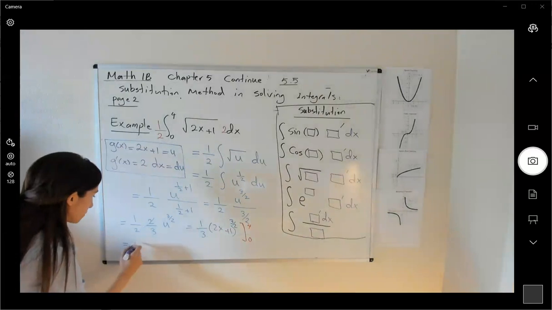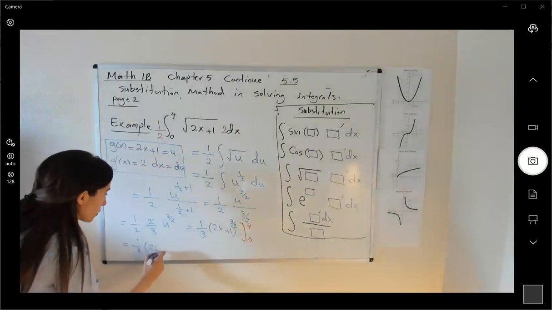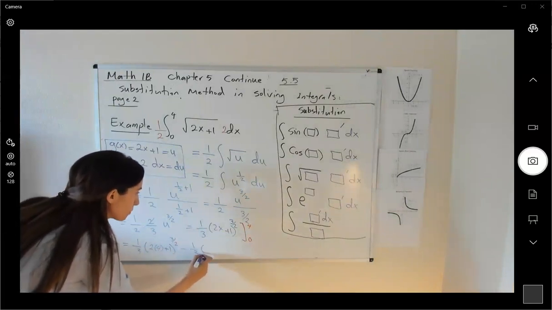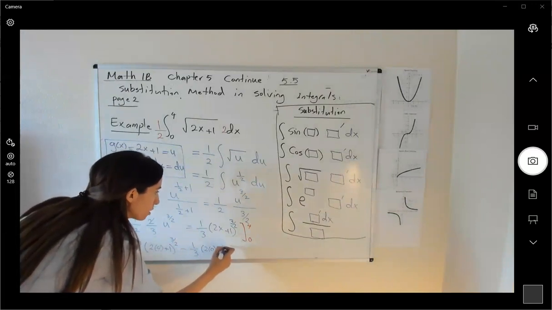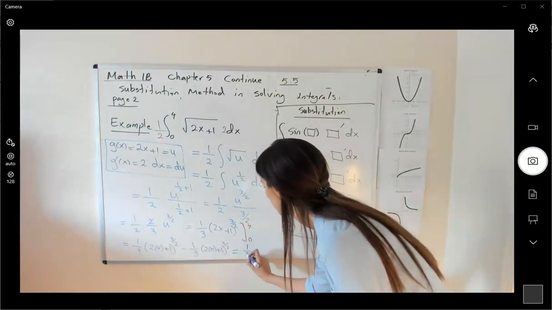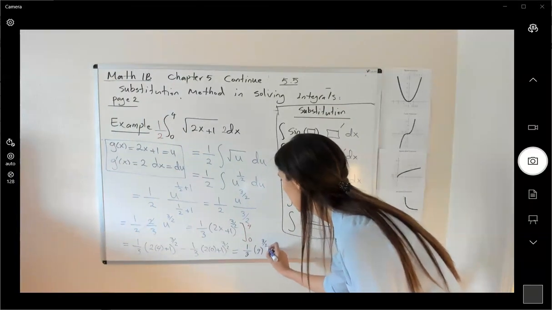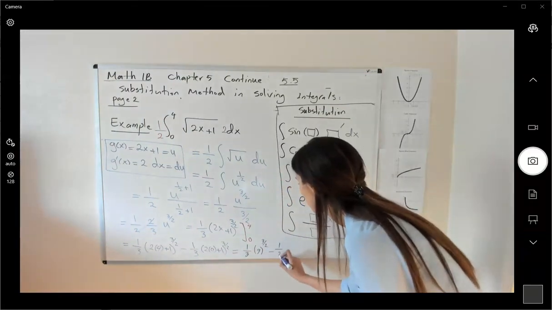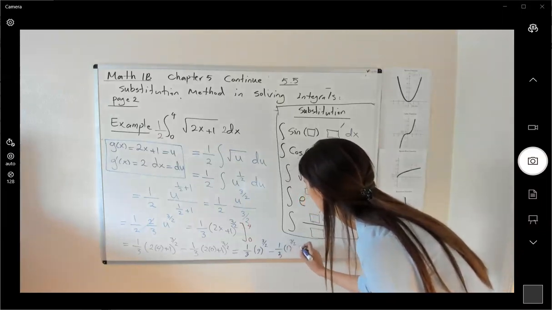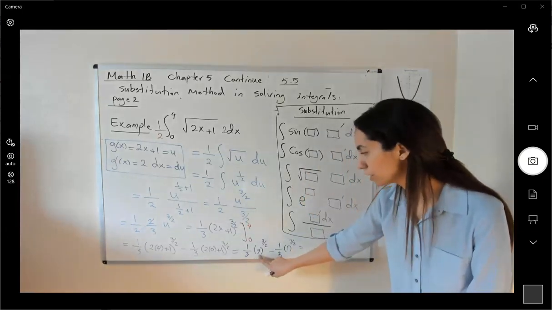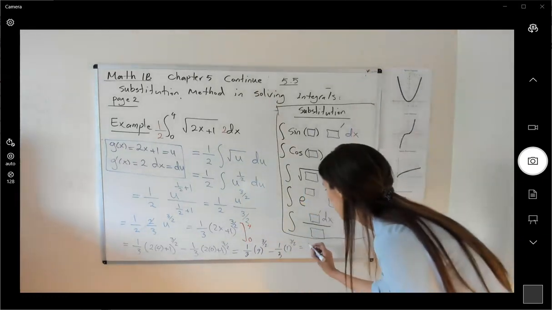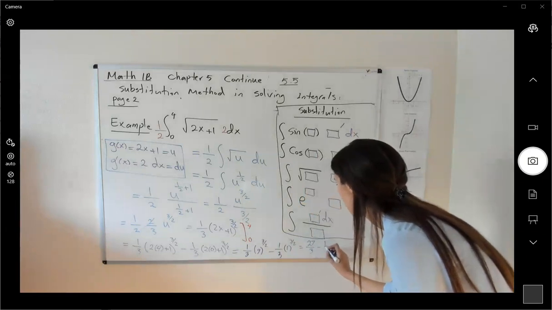Here you have a third times 2 times 4 plus 1 raised to 3/2, minus a third times 2 times 0 plus 1 raised to 3/2, which is equal to a third times 9 raised to 3/2 minus a third times 1 raised to 3/2. 9 is 3 squared. 3 raised to 3 is 27, over 3, minus a third.